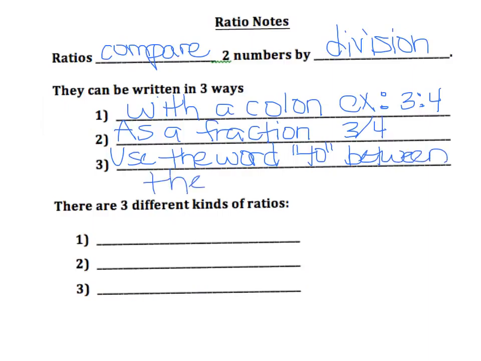Sorry, just finishing up writing this. So in our example, this would become 3 to 4. So those are the three different ways you could write a ratio, all of them expressing the ratio 3 of something, and you're comparing it to 4 of something else. And there's three different kinds of ratios.